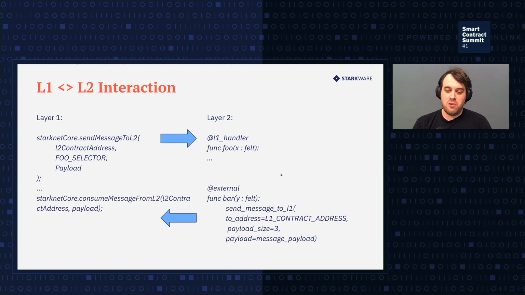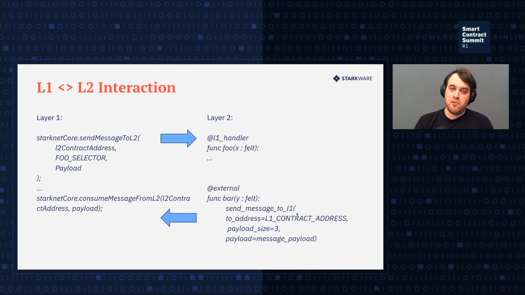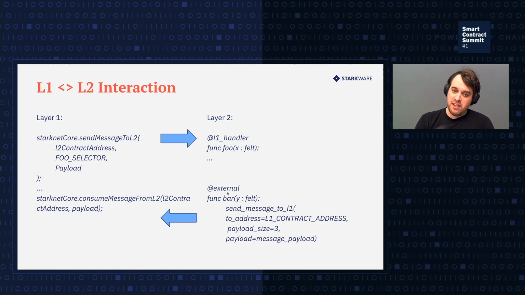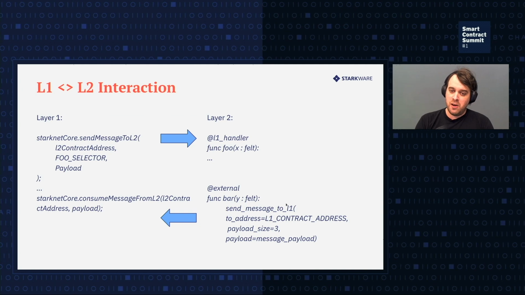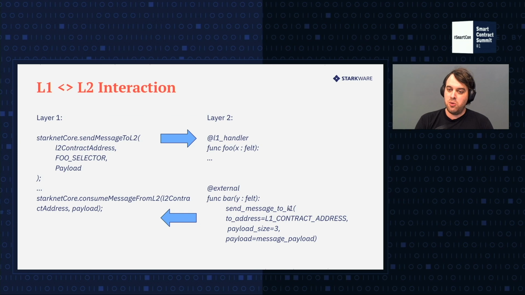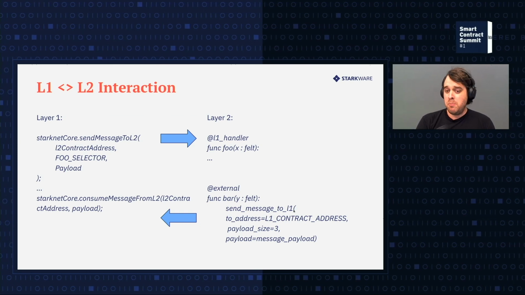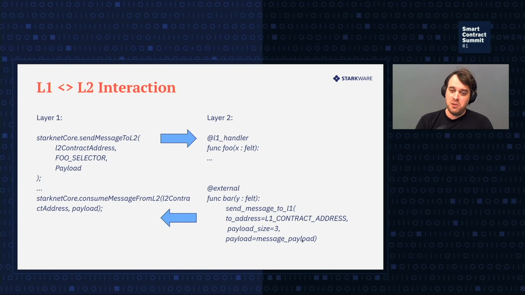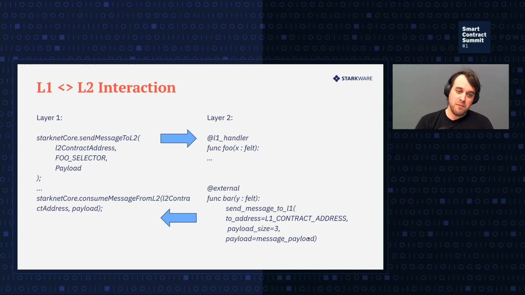On the other end of the interaction, when we want to send information back from layer 2 to layer 1, so we have this on the right side, we have the function bar here, and we have the function send message to layer 1, which as input receives the layer 1 contract we want to interact with, as well as a payload and the size of the payload itself.